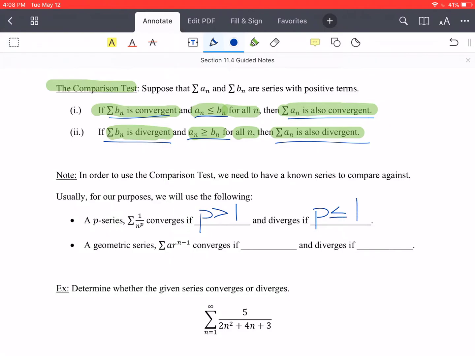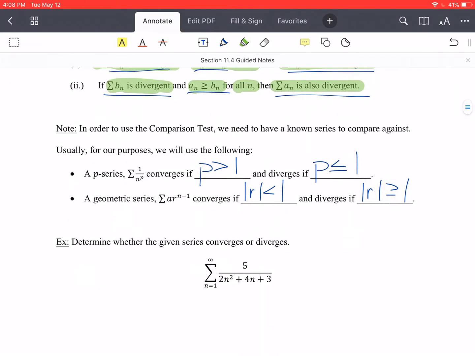And a geometric series converges if the absolute value of r is less than 1 and diverges if the absolute value of r is greater than or equal to 1. Those are two common types of series that we've looked at.